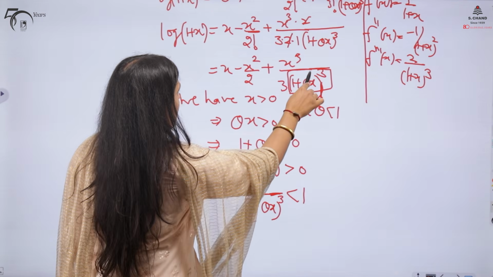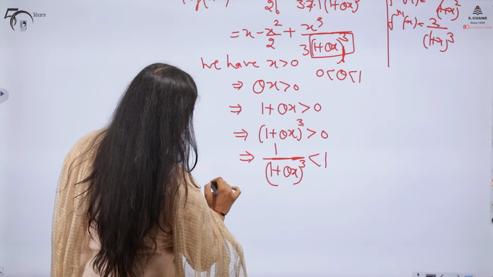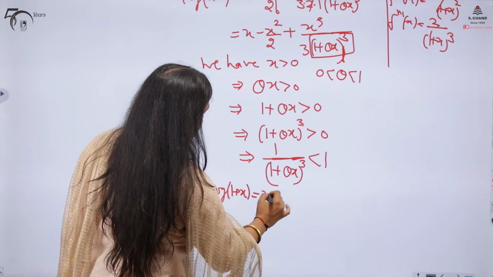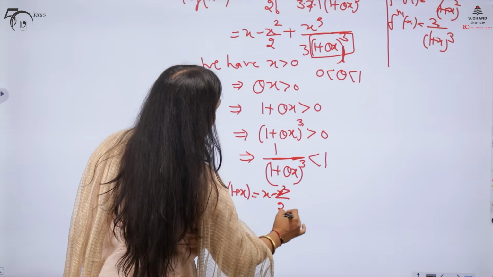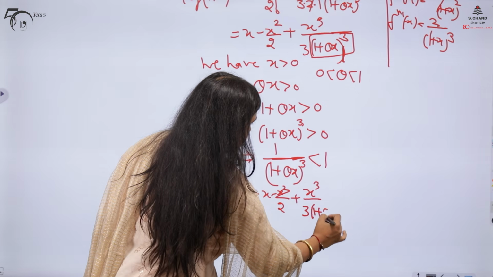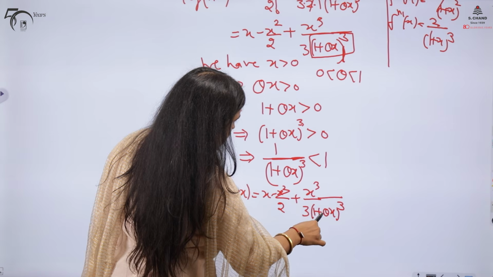So, it means from this step onwards, this is the last step now. We have log of 1 plus x as x minus x square by 2 plus x cube. This is what we have already got. And because of this, 1 upon this is less than 1.